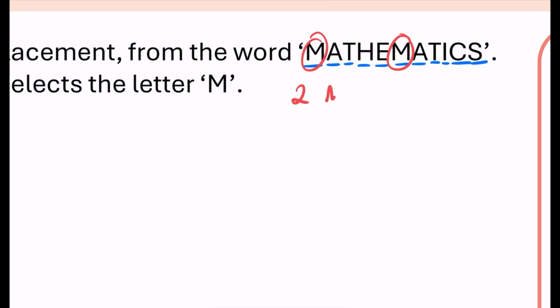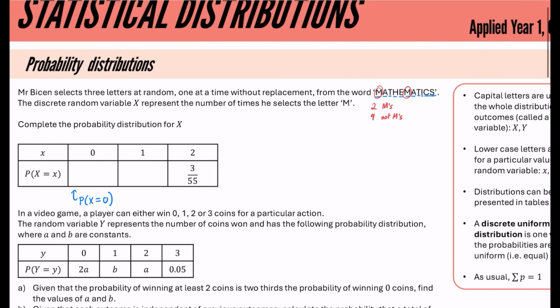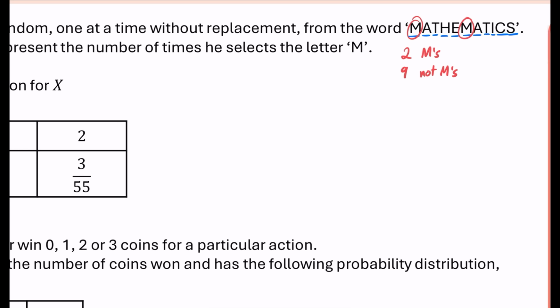So there are 2 M's and 9 not M's that we have here. So we're going to try and say what's the probability that when we're doing 3 letters being picked and not replaced, that none of them are M's. So if I want them to be not M, not M, not M, so I want no M's here. For the first pick, we would have to pick 9 out of the 11 to get something that was not a letter M.